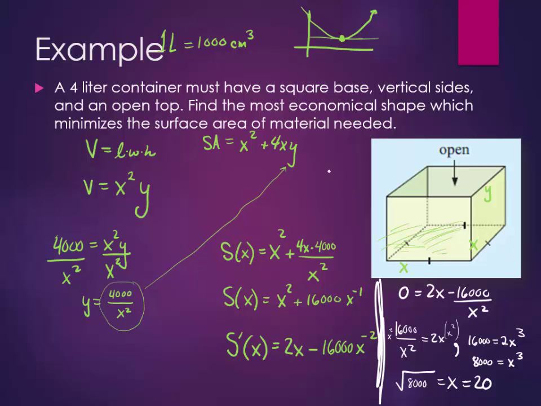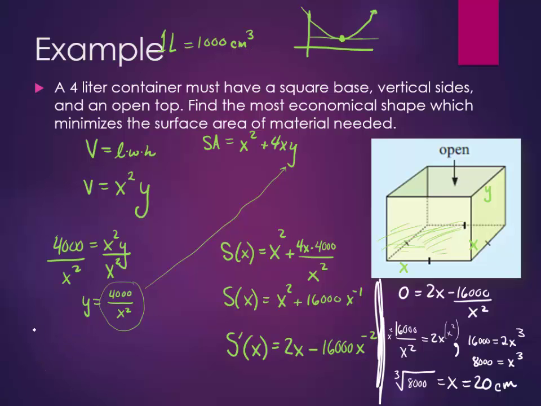Woo! X is 20. We can figure out finally y by plugging it back into the original equation. Right here. Okay? So x equals 20. We found one of the optimum lengths. Does it say find the most economical shape to minimize the surface area? We found x equals 20. Now this, because we cubed root it, it's only centimeters. Because remember it was centimeters cubed. So now it's just centimeters.